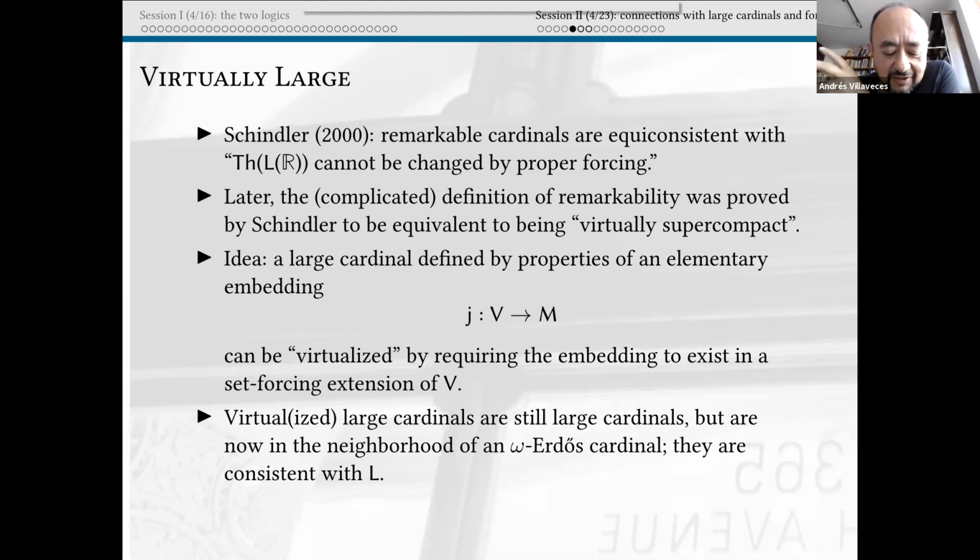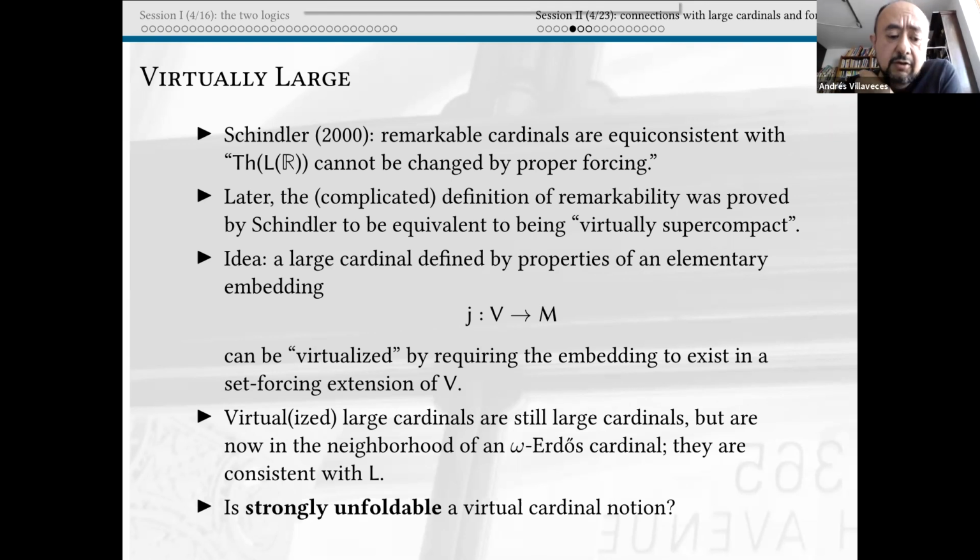I've been fascinated with that sort of connection ever since my PhD thesis that introduced some other kind of small large cardinals, about which I would just ask one question at some point here. The strongly unfoldable cardinals that have been studied by people in the New York logic seminar. So the question is, strongly unfoldable, a virtual cardinal notion?